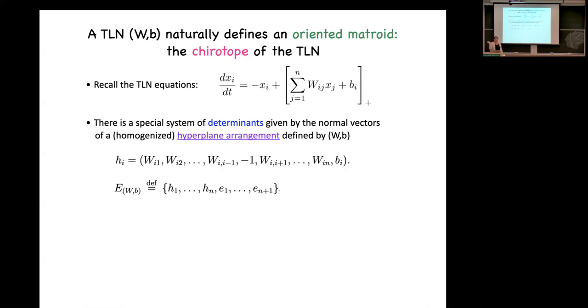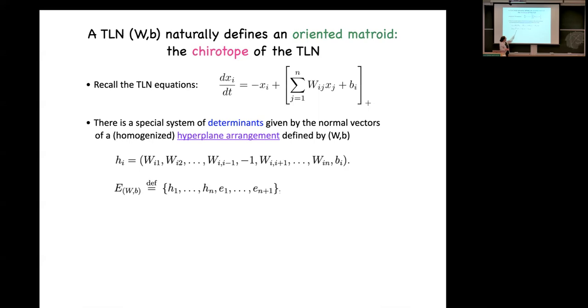So we have threshold linear networks. I made this big deal at the beginning that the threshold linear networks have these hyperplane arrangements. These hyperplane arrangements can be characterized by collections of normal vectors like this. So these are the rows, the ith row of the W matrix. Each one of those rows we can codify as one of our vectors.